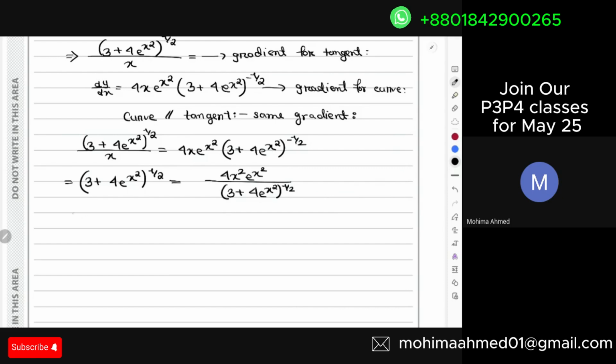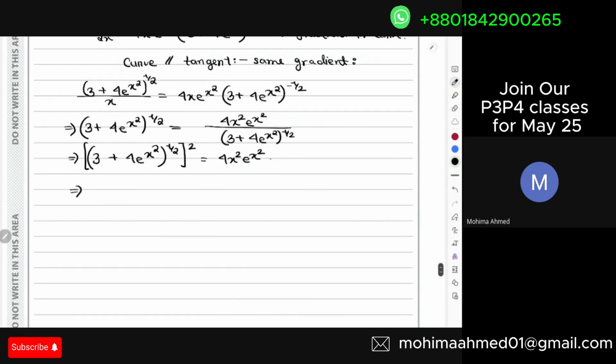If I take this to the right hand side, now we basically have 3 + 4e^(x²) to the half, and the same thing multiplied by 2 gives a square value, and that equals 4x² e^(x²). The half and 2 cancel each other out, so basically I have 3 + 4e^(x²) and 4x² e^(x²).